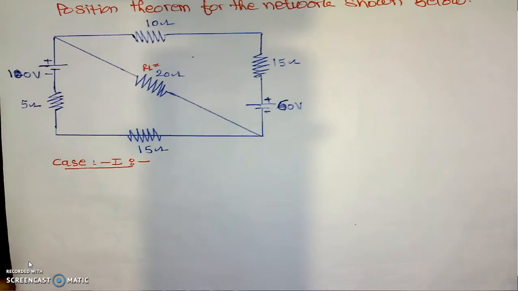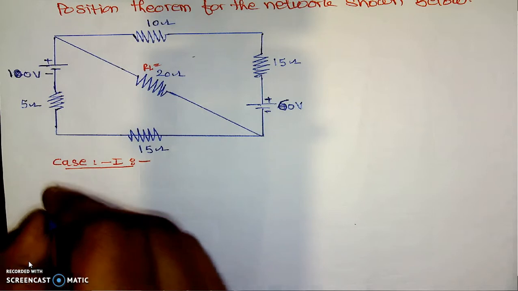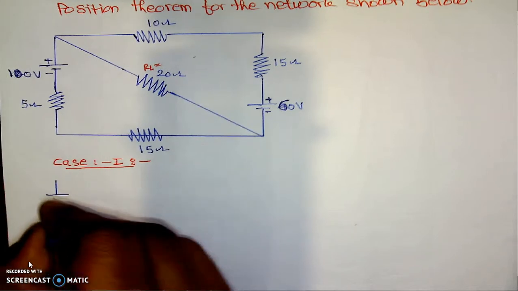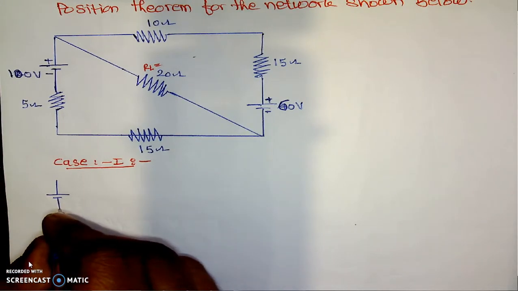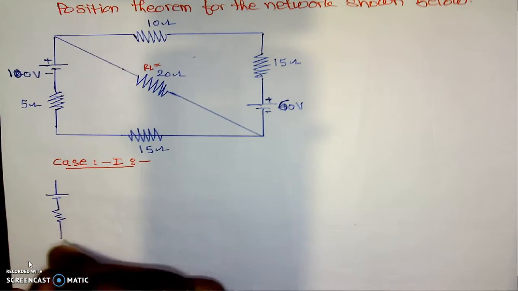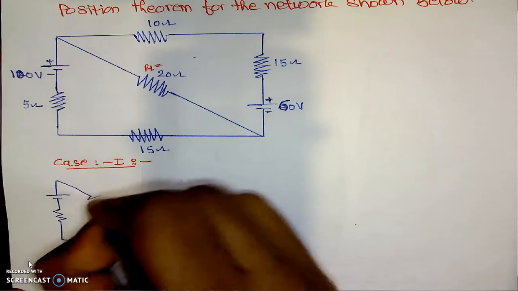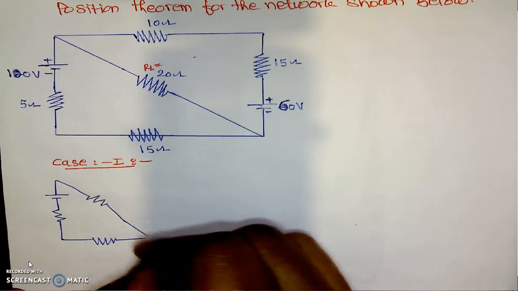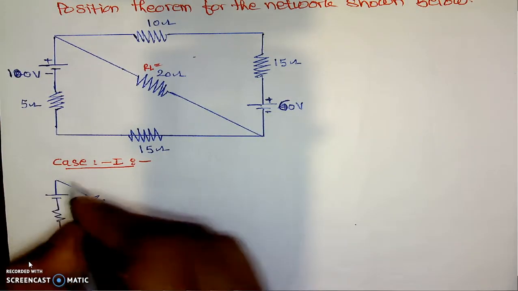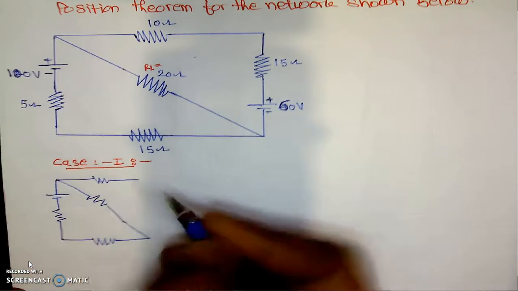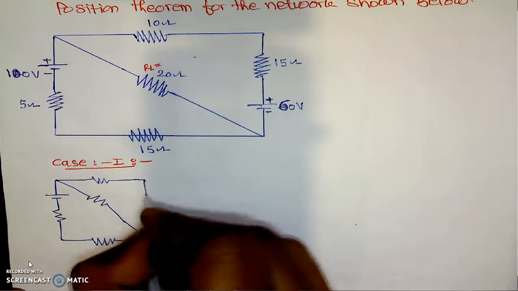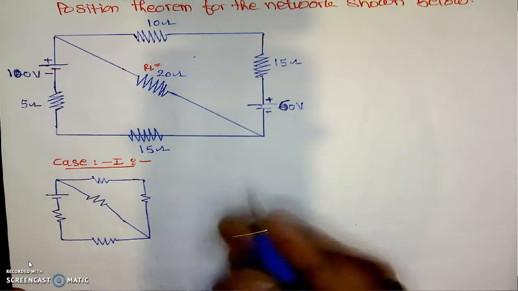It will be something like this. And here I am using the reduction technique. There are other techniques also available, which I will discuss maybe in the next video, in which we can use mesh analysis for the calculation of the currents for case 1 and case 2, or maybe any other methods.